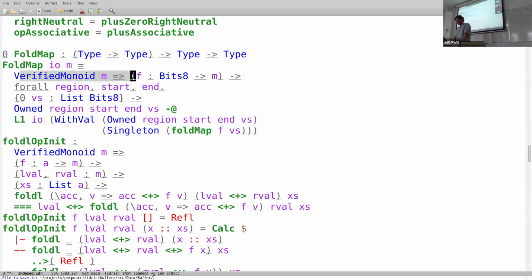So it's necessary to have this constraint. And you can get your region back and also the result of running this function.